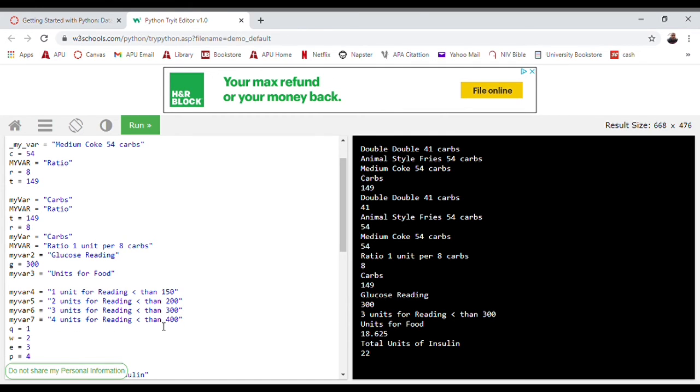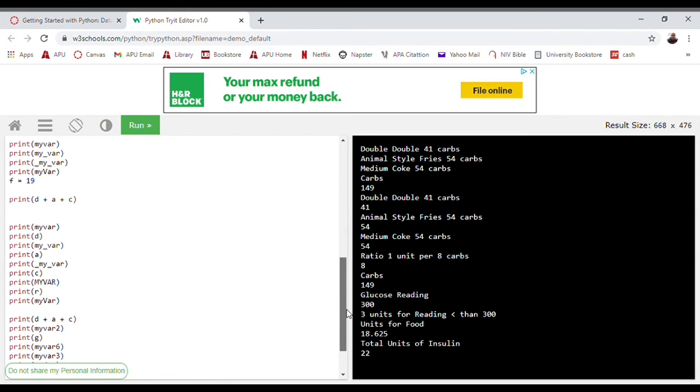So for this, we're going to have the variable 6, which is going to total the 3. So E is going to equal 3. So all of that pretty much goes into that.